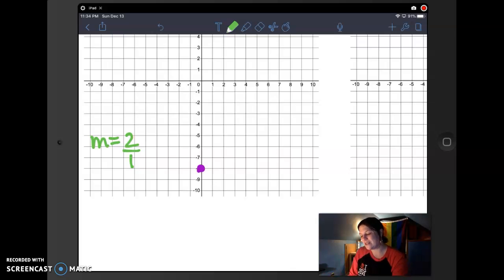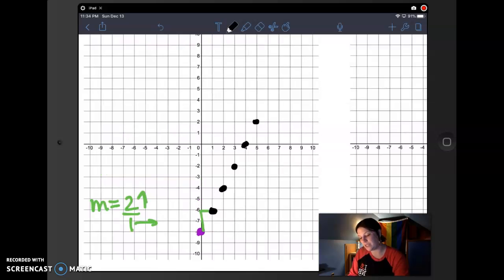Okay, so 2 over 1, that means that my rise is 2 and my run is 1. So my slope triangle is kind of small, and that's okay. And we're going to keep going as many times as we can before we go off the grid. So up 2 over 1, up 2 over 1, up 2 right 1.